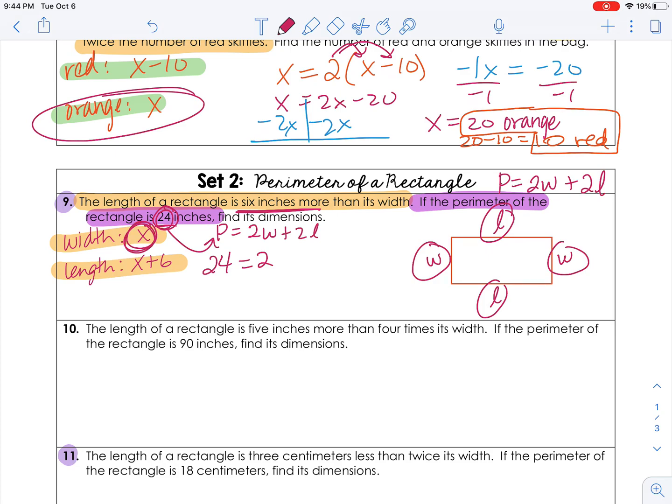W we let be X, so instead of writing W, I need to write X. Plus 2, again, the 2 is just part of the formula. L needs to be replaced with X plus 6. So I need to open a parenthesis because I want to multiply all of L by 2, and all of L is x plus 6.